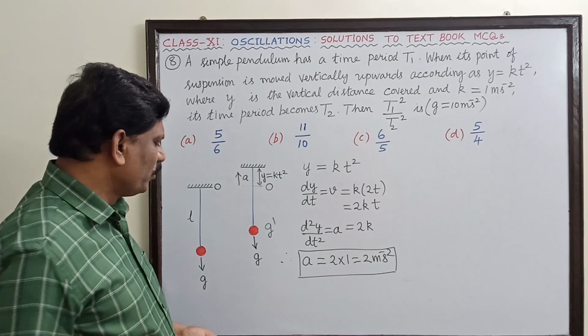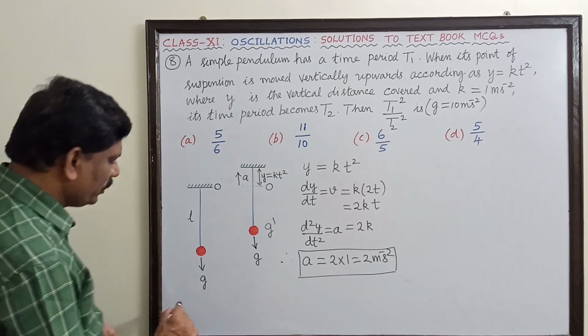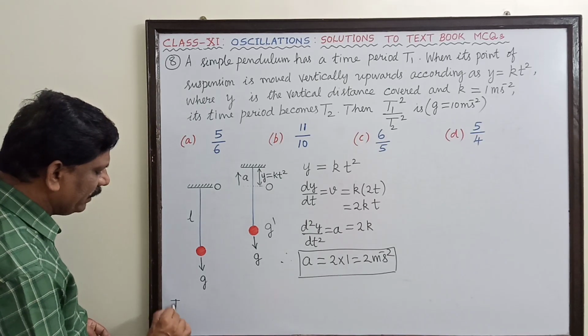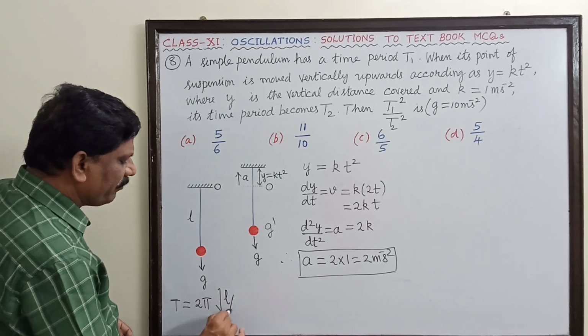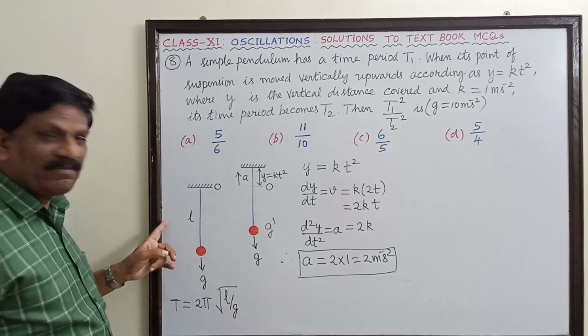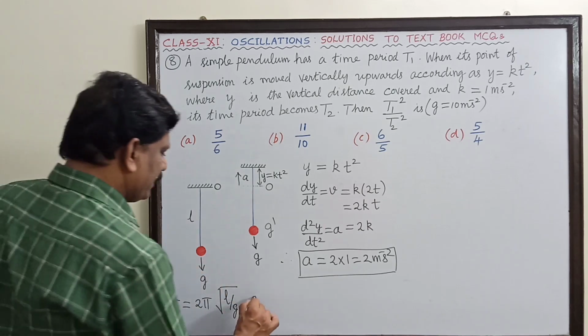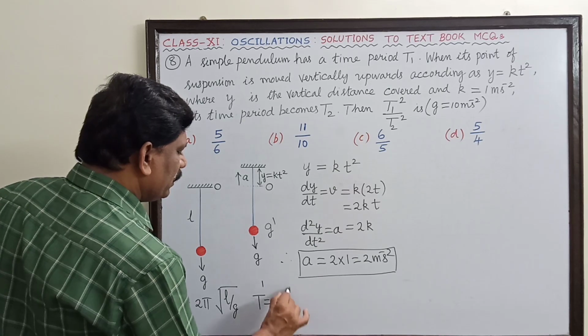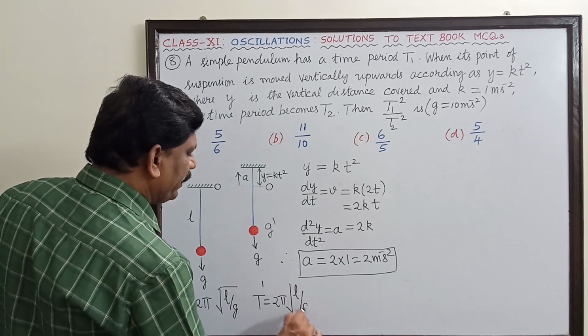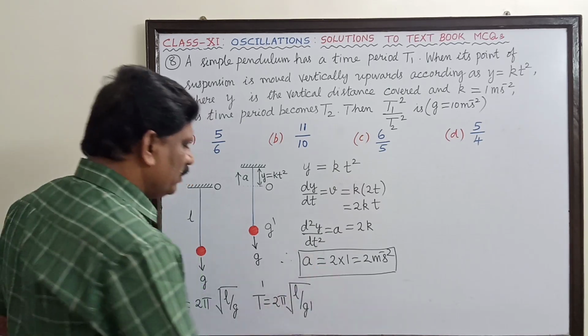As usual, I am going to write two equations. You see here T is equal to 2 pi into square root of L by g in the first case. In the second case, T dash is equal to 2 pi into square root of L by g dash.